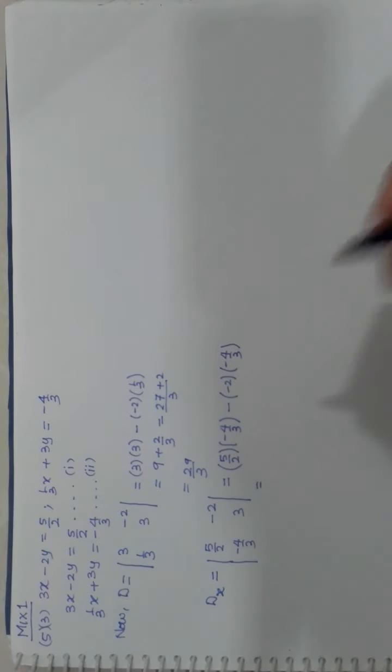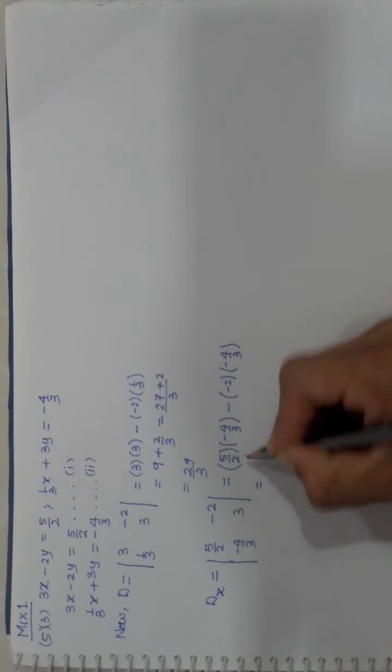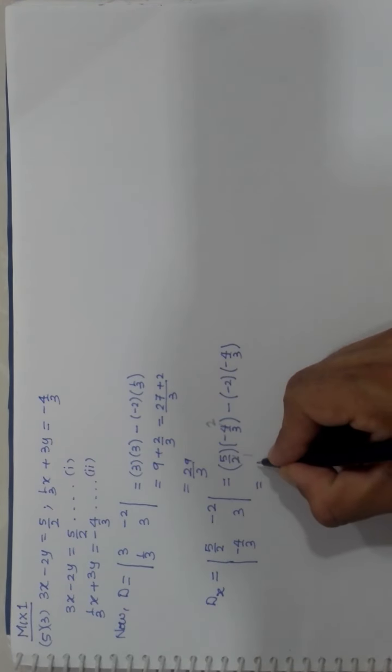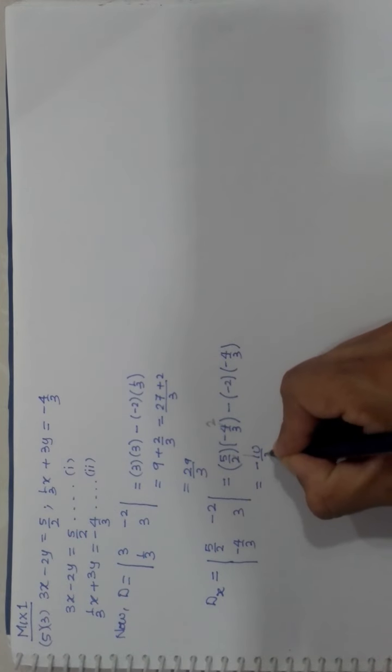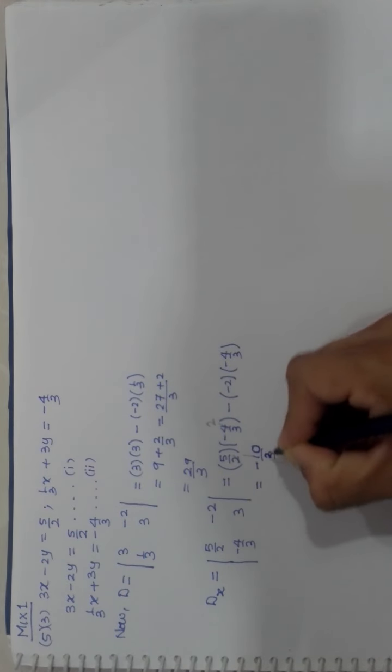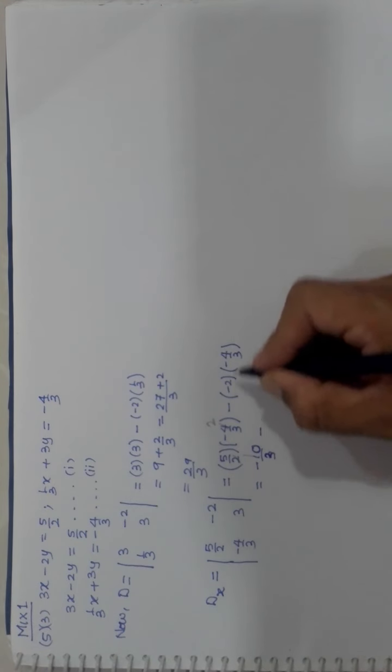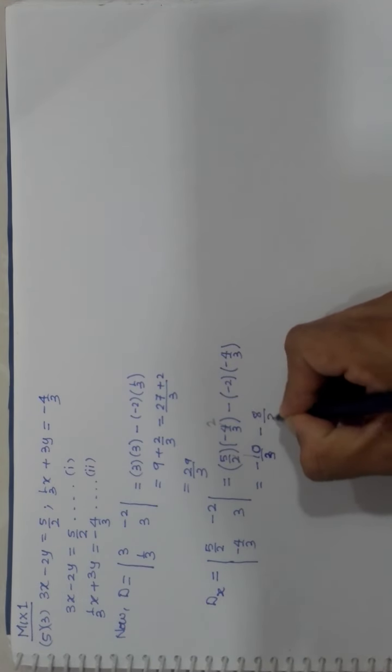So here if you see, I can very clearly see this is 2 1s, this is 2 2s, and nothing multiplies further. So I get here 5 2s are 10, minus 10 by 3, and then 1 2 and 3 minus sign, so minus 2 4s are 8 upon 3.